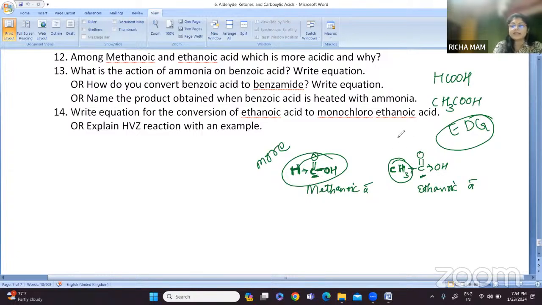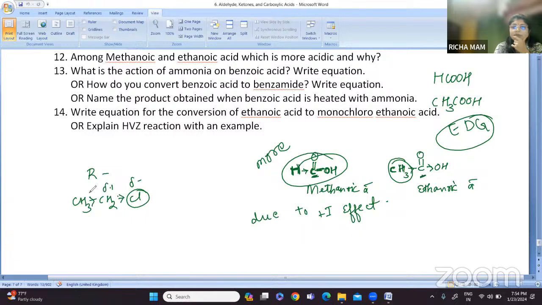And that is due to the plus I effect. So you know what is inductive effect, right? Suppose you have CH3, CH2, Cl. Because of the electronegative atom, it will tend to pull the electron towards itself. As a result, there will be partial negative and partial positive.